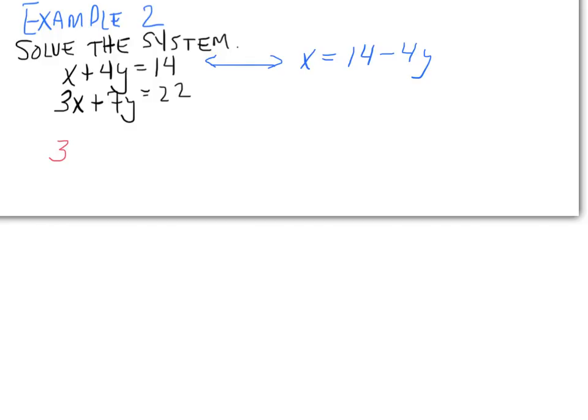I'll keep it in blue, where I see x's this time. So 14 minus 4y. And then I finish, and this time my equation has only y's. Again, I'm going to follow through with my problem solving to get to what y equals.